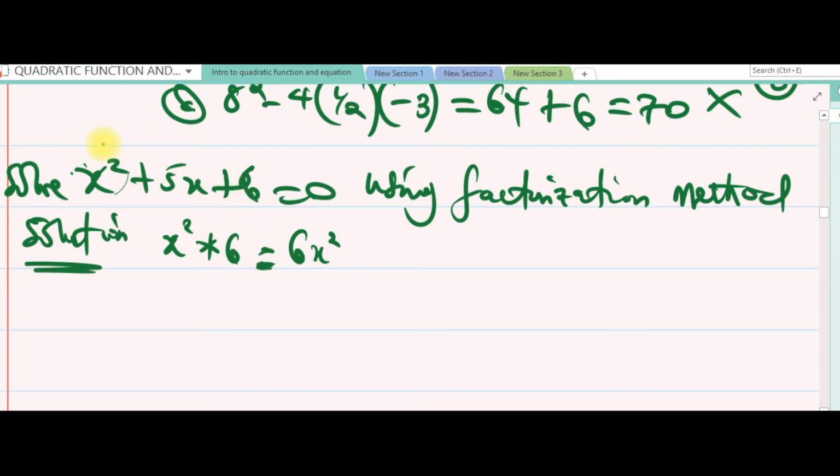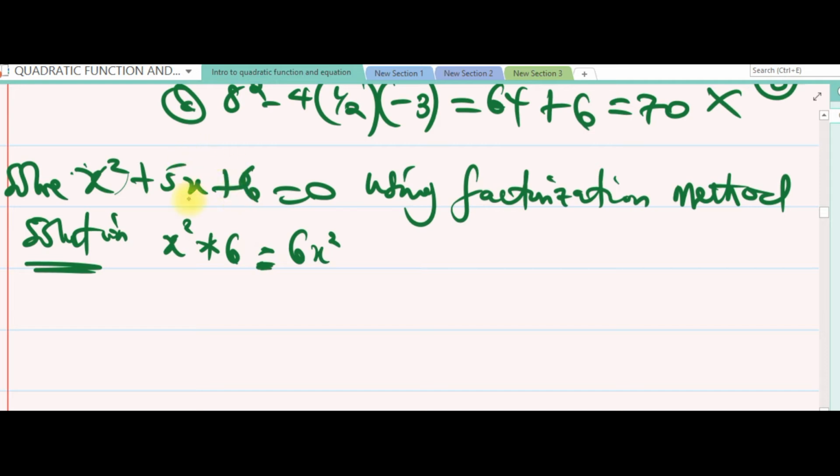So the target: multiply the coefficient of x squared with the constant term. It will have a lot of factors, and among those factors we select only two that, if you add them together, will satisfy the middle term. As you are seeing, 5x is 2x and 3x, so if you add 2x and 3x, it gives us 5x.